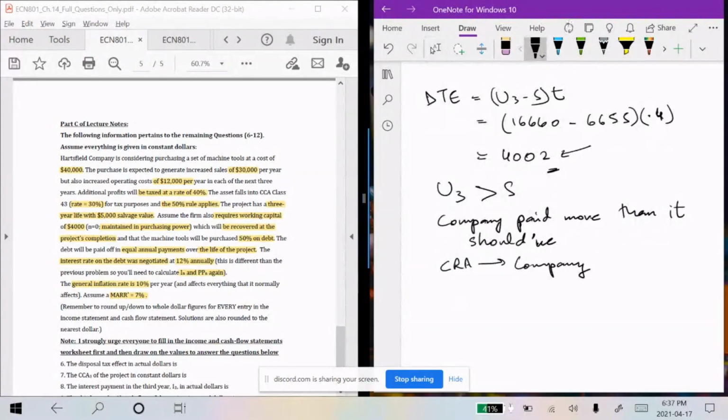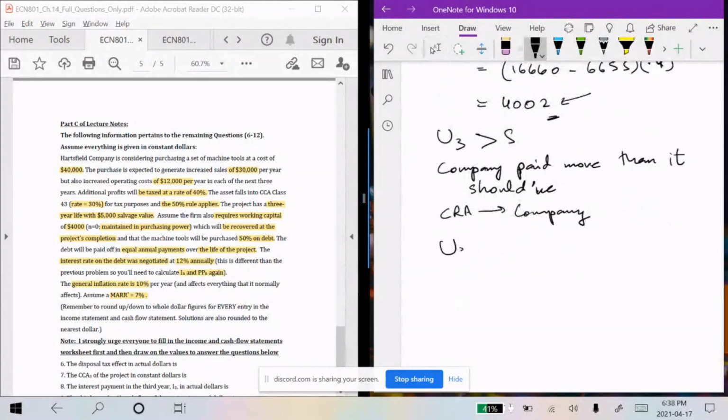In case U3 would be lesser than S and we would get the answer TTE as minus 4,002, in that case what it would mean is that the equipment was over depreciated. As a result, the company paid less taxes.